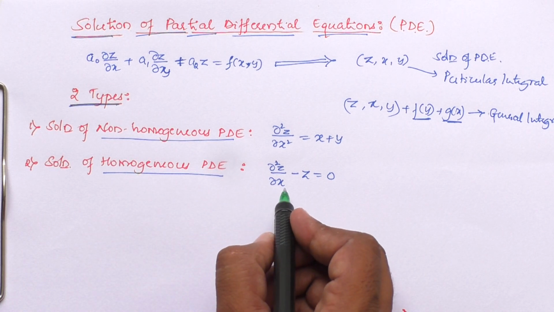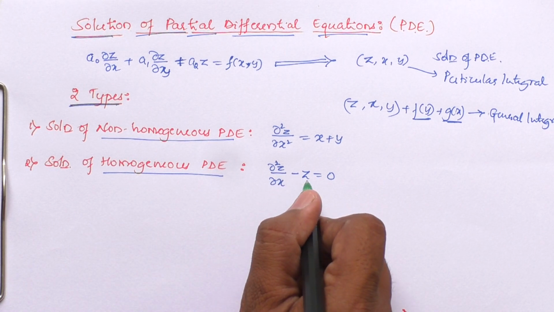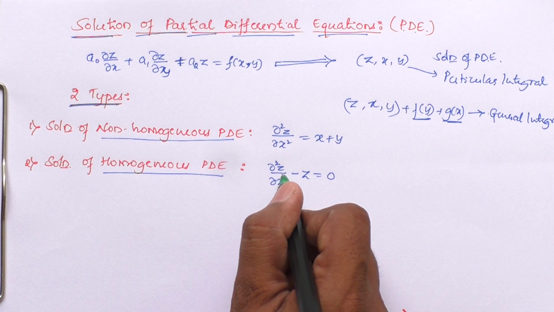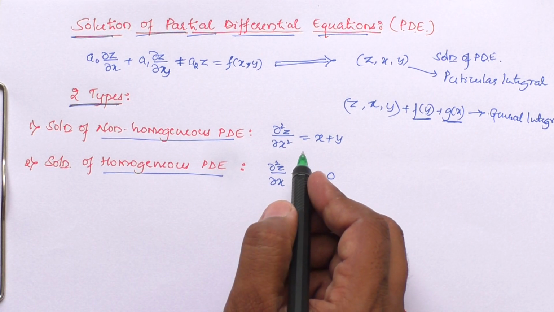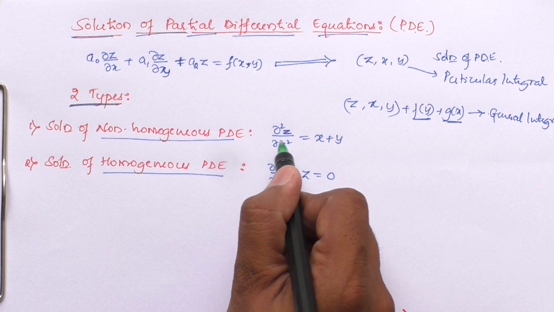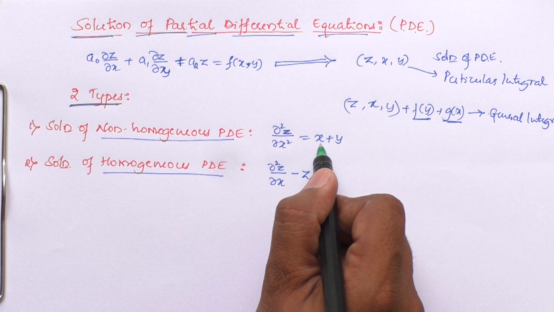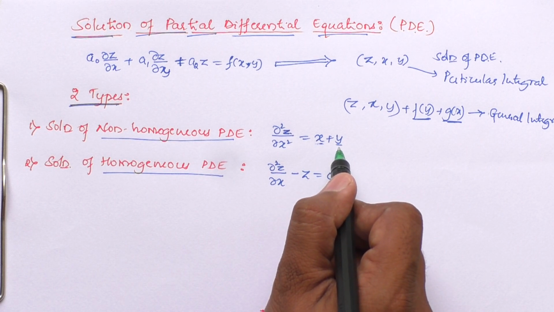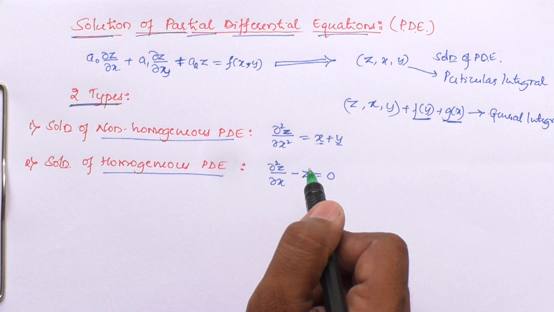Homogeneous means only the dependent variable z and its derivatives. Non-homogeneous PDE means along with the z term, the PDE will have the independent variable x term. Such a PDE is called non-homogeneous PDE.